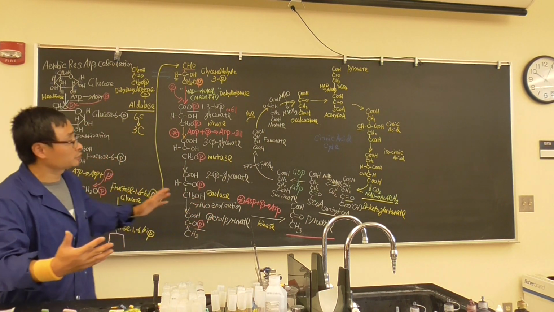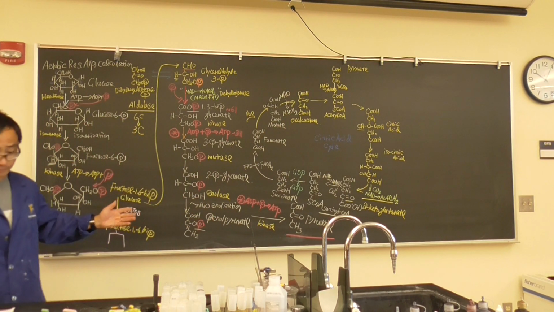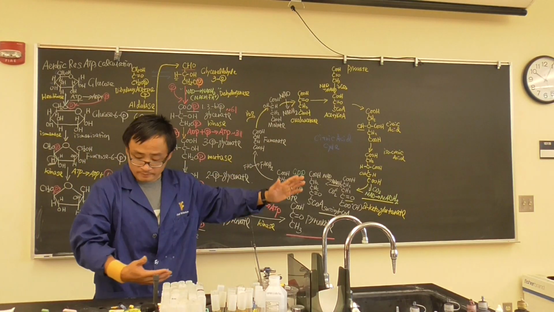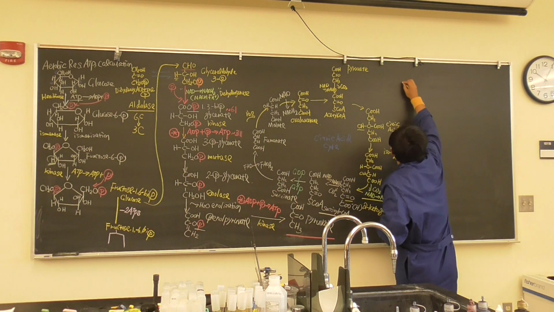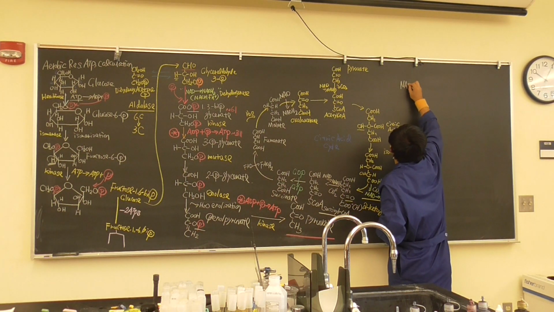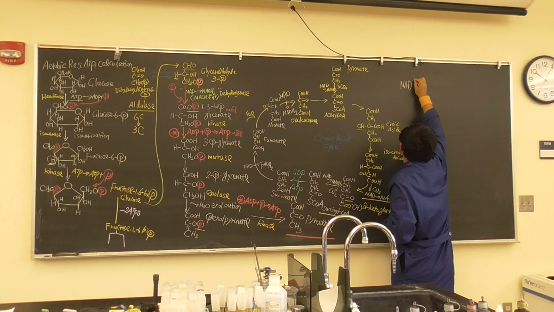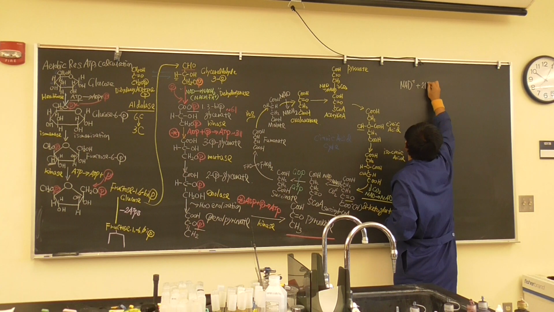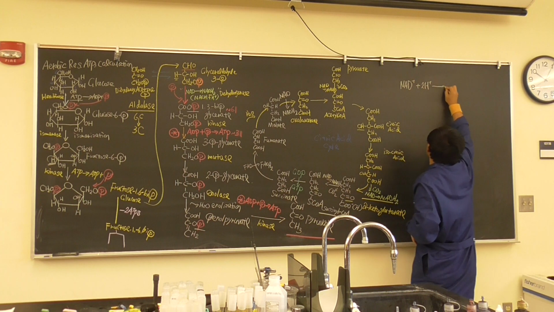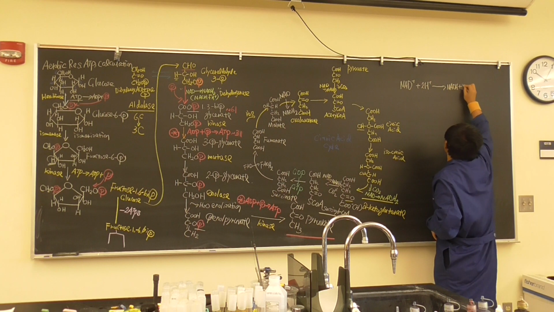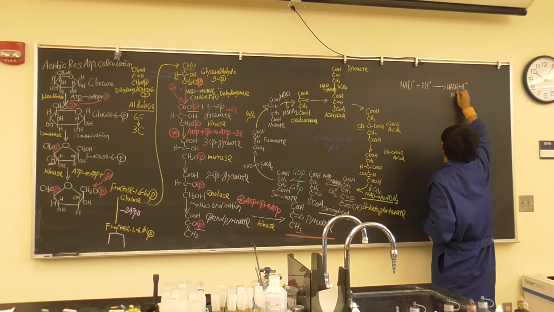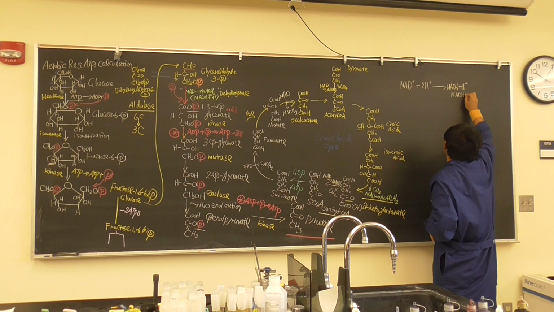Now we're going to go ahead to calculate the ATP. That's aerobic respiration. And how we do the calculation? NAD, nicotinamide adenine dinucleotide, with 2 proton will become NADH and H plus. I wrote it NADH2.